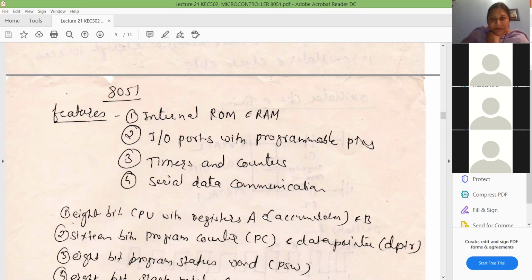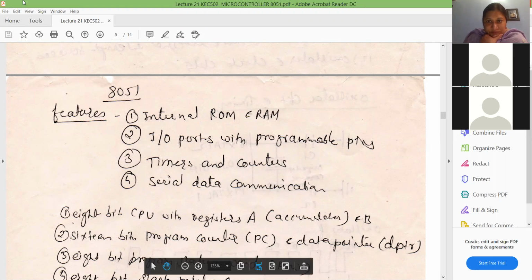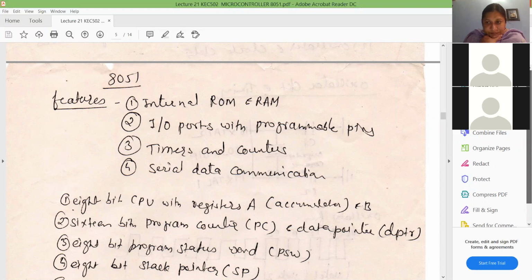About 8085? You're talking about 8085 or 8051? See, in 8085, I think you got disconnected or what?